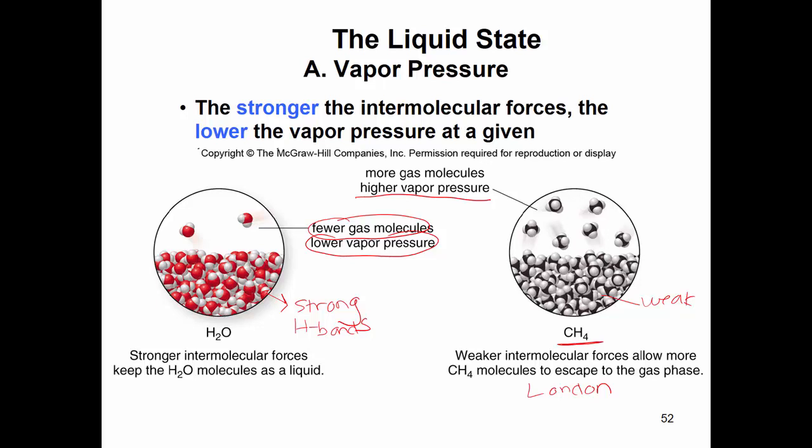Because we're looking at here at a difference between state, between liquid and gas. So if you have stronger interactions, you have less gas molecules because they're staying together in the liquid phase. Here we have more gas molecules because methane has weaker interactions and it wants to become a gas more easily. So you have more gas molecules to make it have a higher vapor pressure.